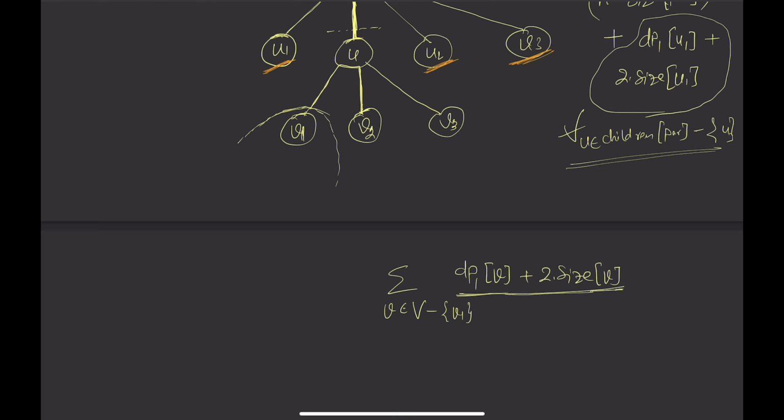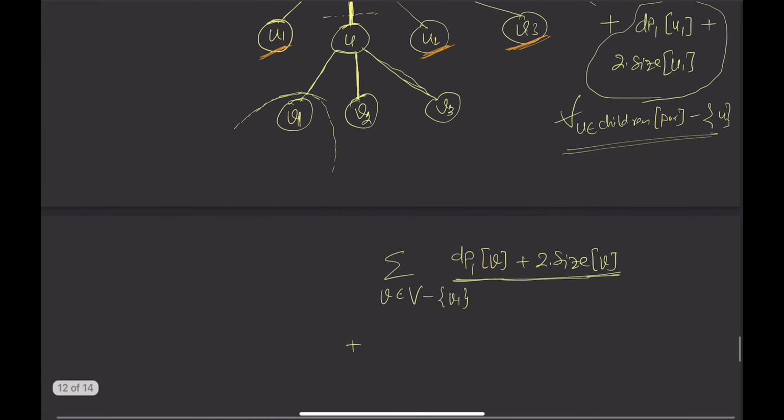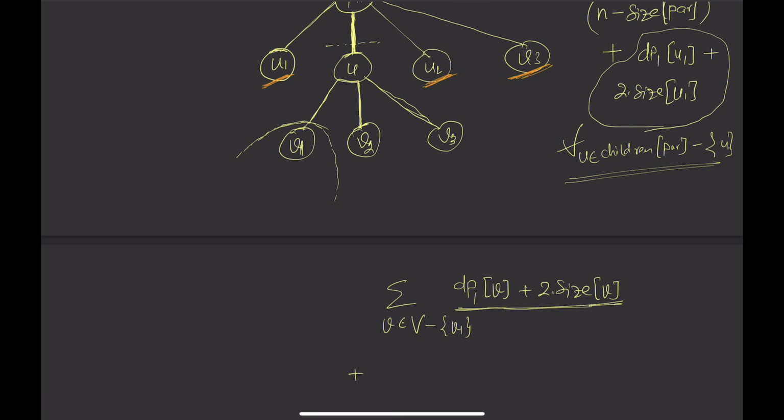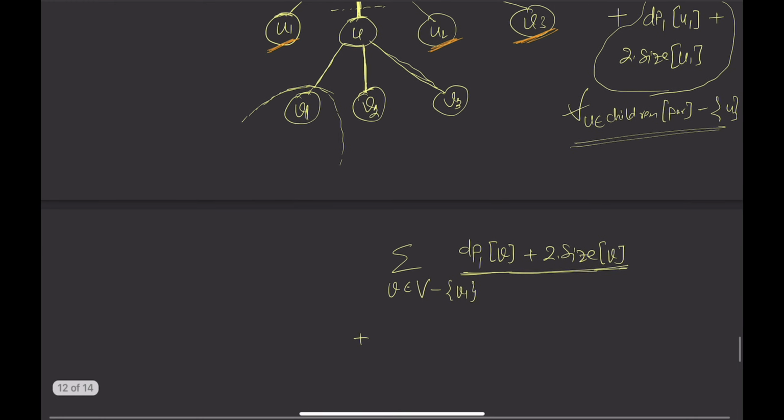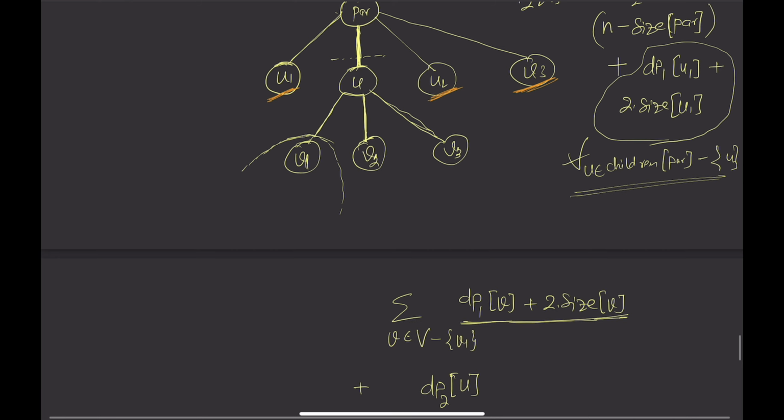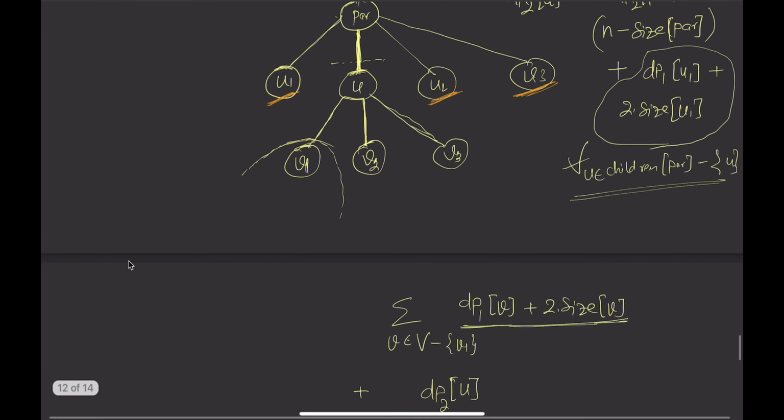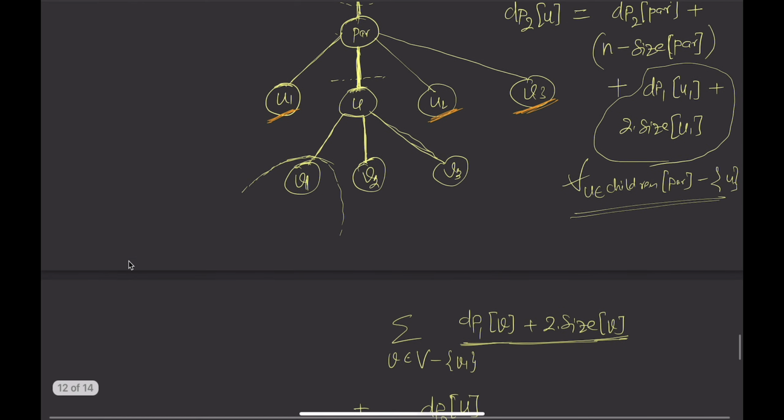This should be run for every other node, and plus after this whatever is the value of parent, right? dp2 of u, right? So for v1 it will be dp2 of u. That means u should already be calculated, and dp2 of u, whatever that value was, it will be incremented by 1, right?